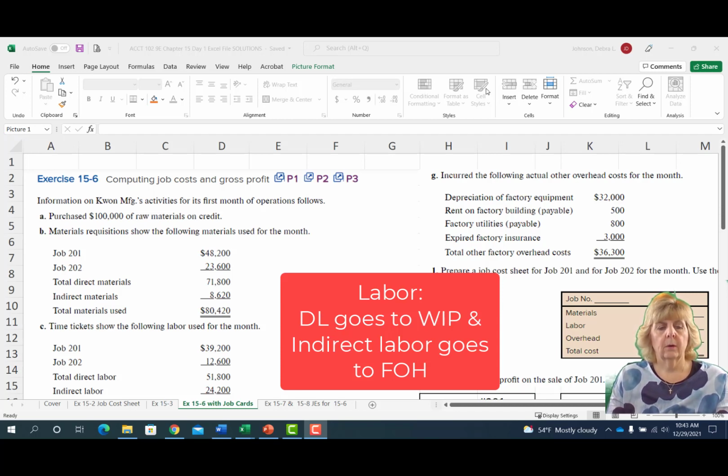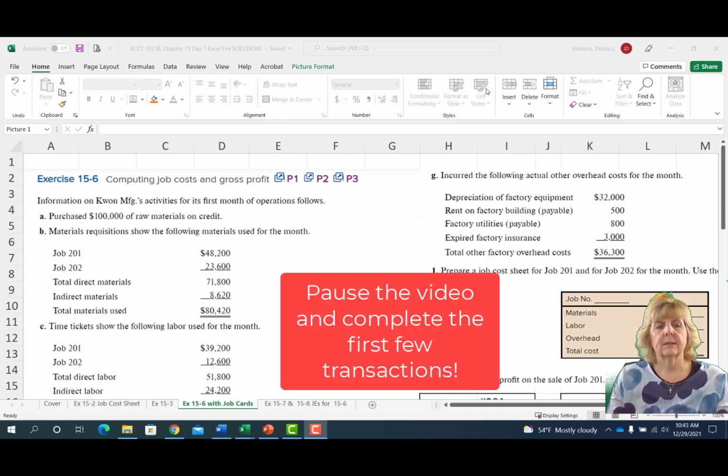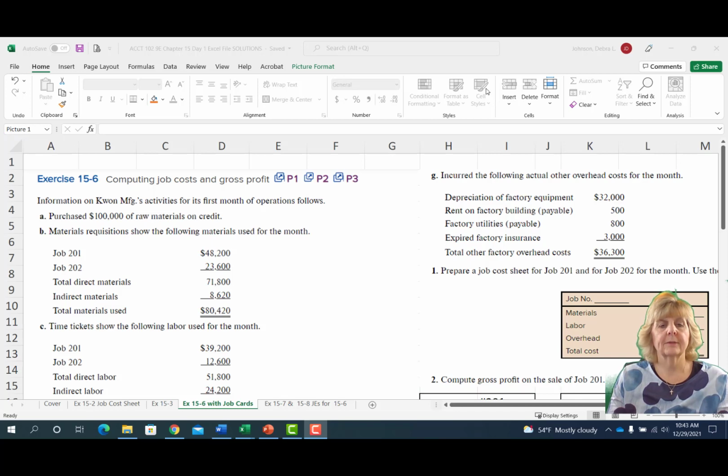If, however, the labor is indirect in nature, that means it's not benefiting a specific job, we'll charge the indirect labor to factory overhead. Pause the video and run transactions A, B, and C through the accounting system, as well as enter the information onto the job cost sheets. We'll compare answers.